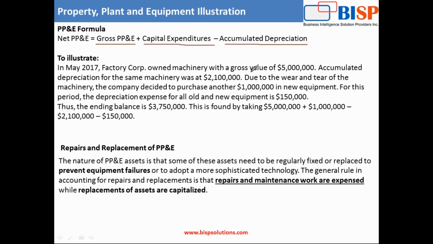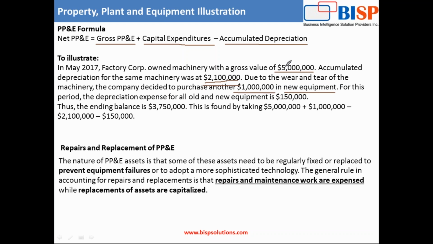The company owns a machinery of gross value 5 million, and the accumulated depreciation is 2.1 million, because this machinery has some wear and tear expenses. Due to wear and tear of the machinery, the company decided to add another 1 million in order to renew or add new equipment to the machineries, right?